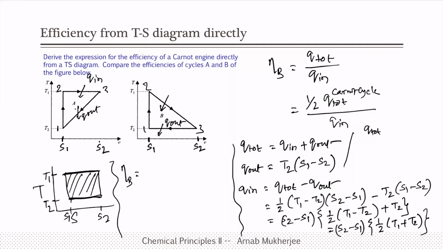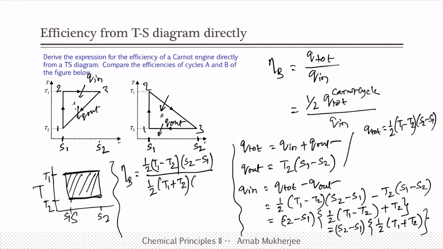So, we write the Q tot value, which is half (T1 minus T2)(S2 minus S1), divided by Q in, which is half (T1 plus T2)(S2 minus S1). S2 minus S1 cancels, the half cancels, giving us (T1 minus T2) by (T1 plus T2).